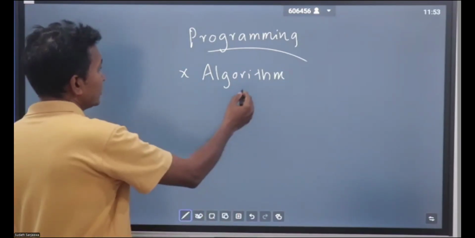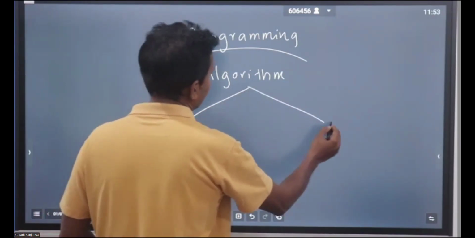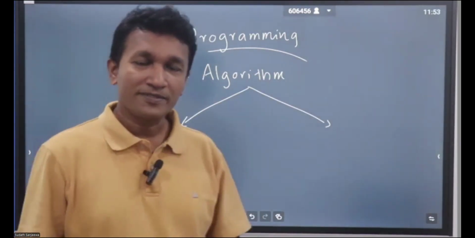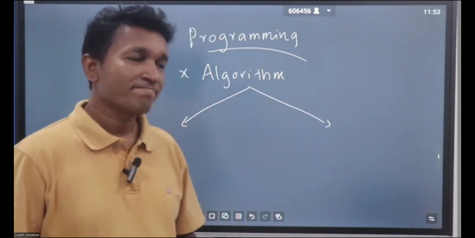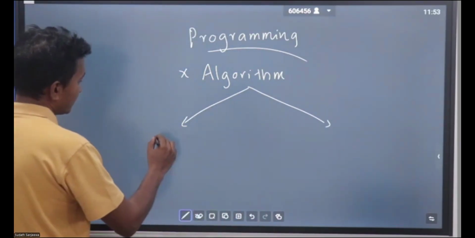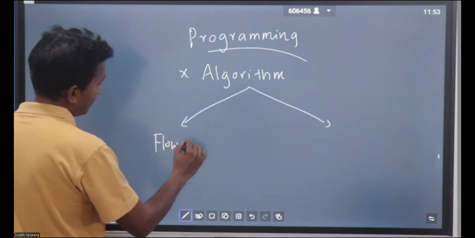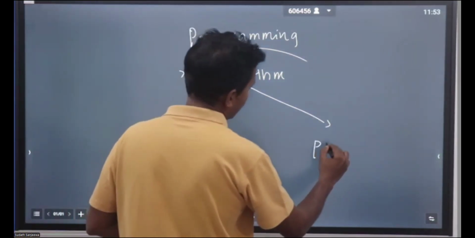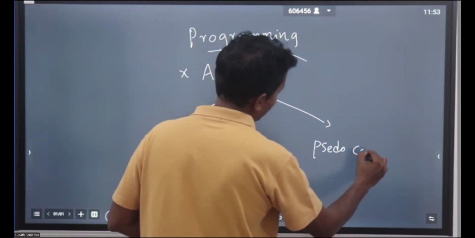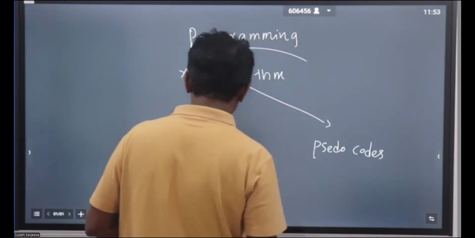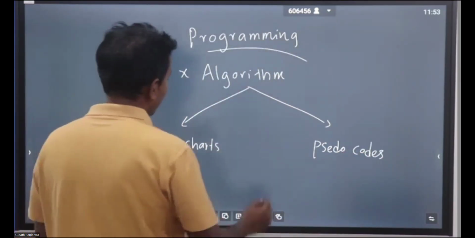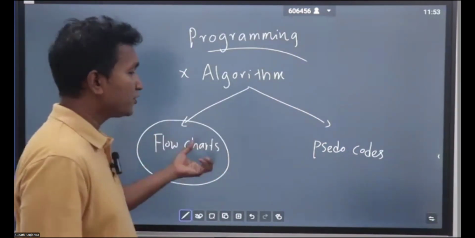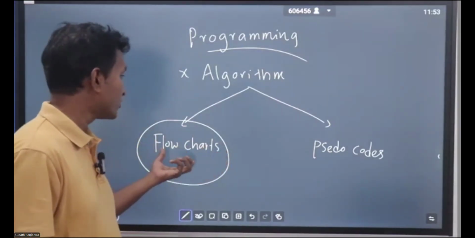So there are two types of algorithms. What are they? Flowcharts and pseudocodes. You only need to identify this one, flowcharts.